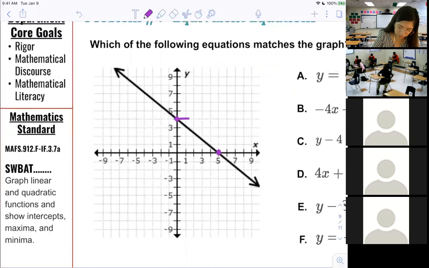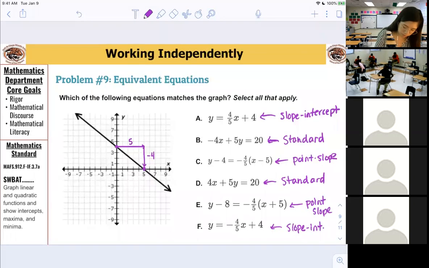All right, and then I'm going to the right. 1, 2, 3, 4, 5. And then it goes down 4, and I know this is going to be negative. So my slope, rise over run, would be negative 4 over 5. So based on that, tell me, what answer choices could I immediately get rid of? A. A is out, good. What else?